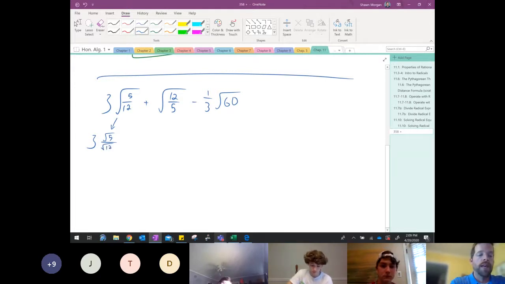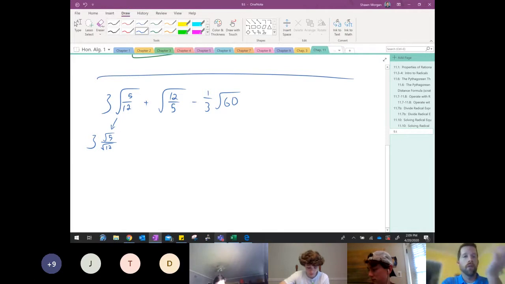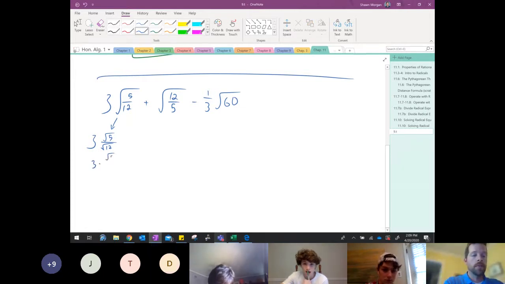Now my goal for you guys, and this might be a lofty goal, but I would really like it if you could go ahead and simplify square root of 12 in your head, get 2 radical 3. That's my goal, for you guys to be able to do that. So 3 times square root of 5 over 2 radical 3 would be superb.